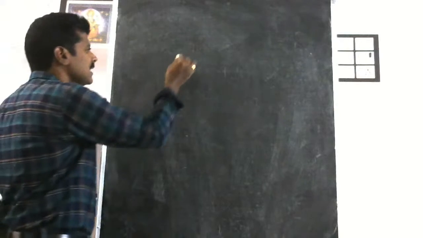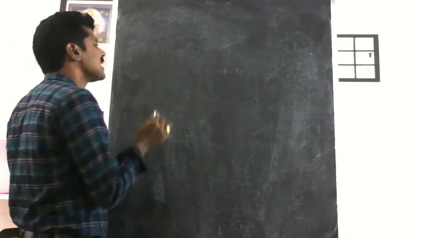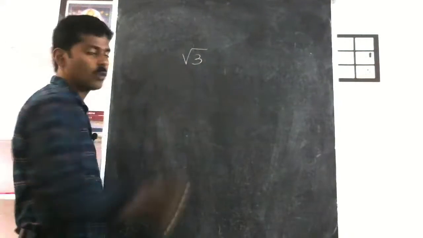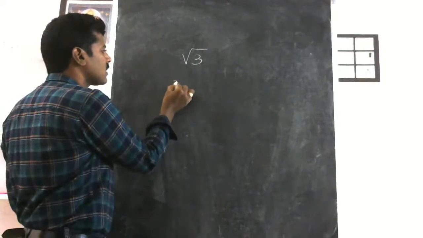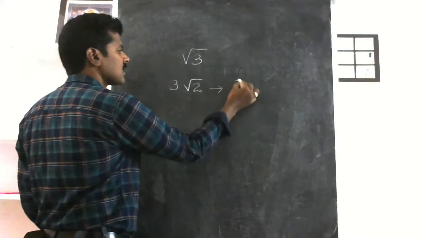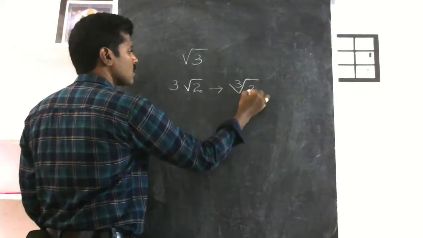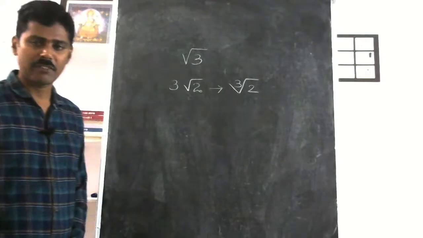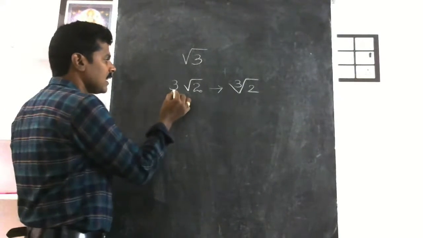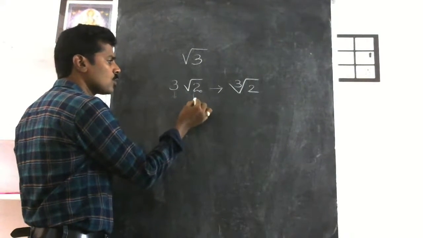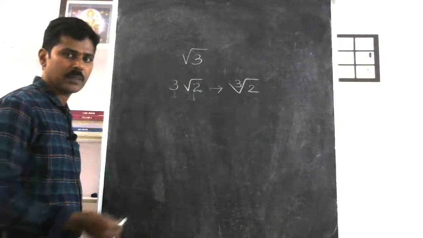The first one is, some students are writing like square root 3, and if they got 3 into root 2, they are writing this one like this. So both are different. How can we say both are different? We can say that 3 into root 2 means 3 is a rational number, root 2 is an irrational number.